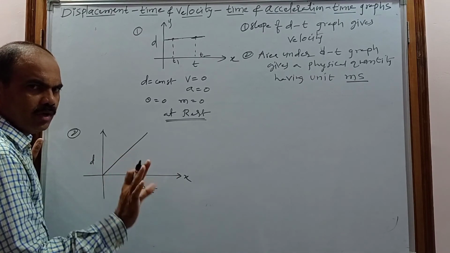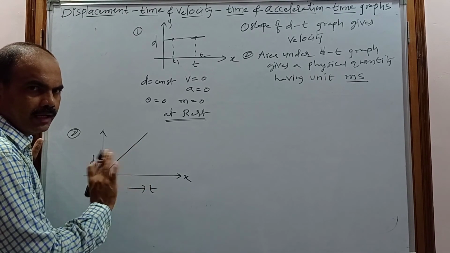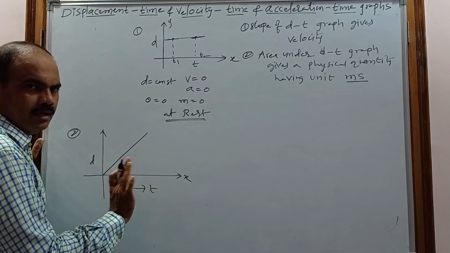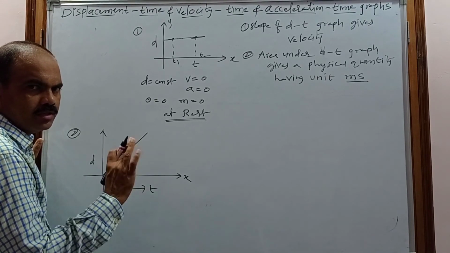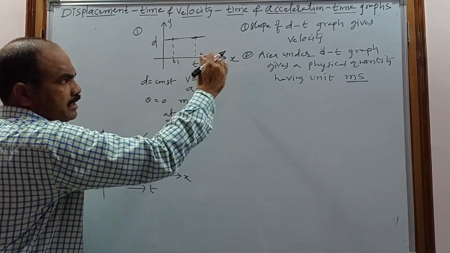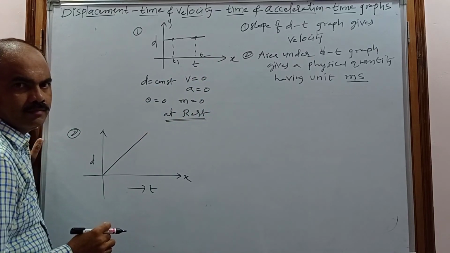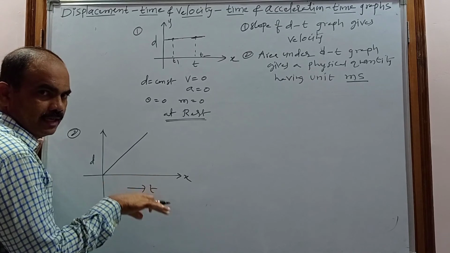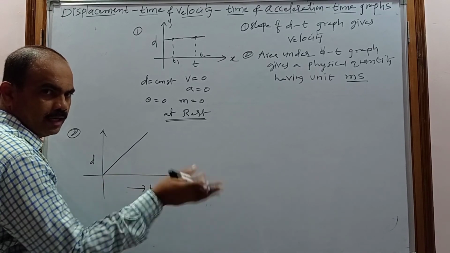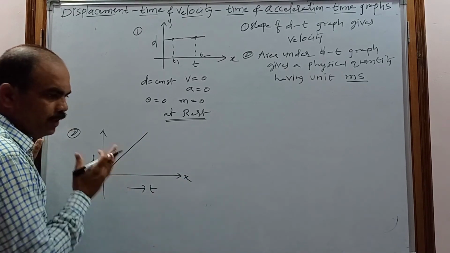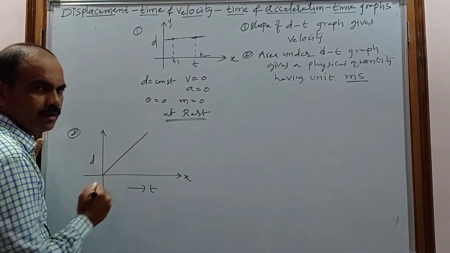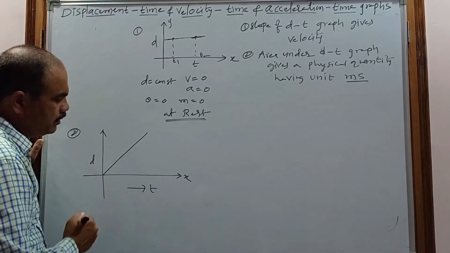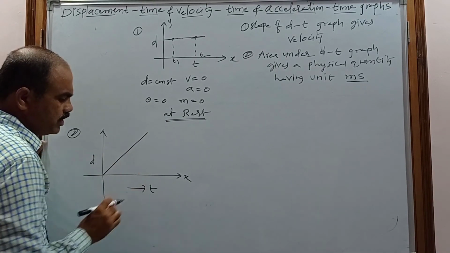It may be positive, negative, or zero depending upon the angle made by the line with the x-axis. If the line is parallel to the x-axis, slope is zero. If the angle made by the line with the x-axis is less than 90, slope is positive. Greater than 90, slope is negative. But with respect to time, the slope does not change. Remember.